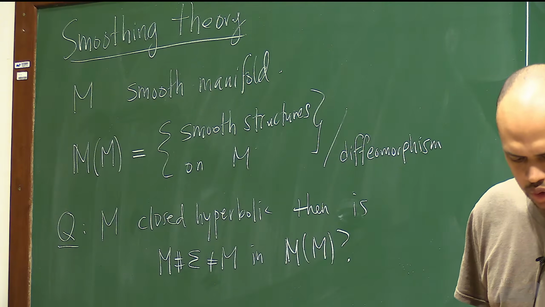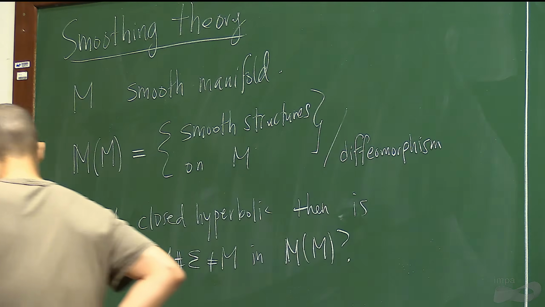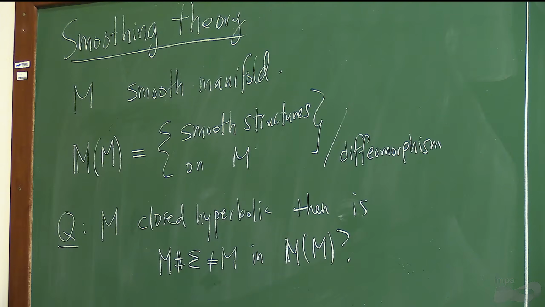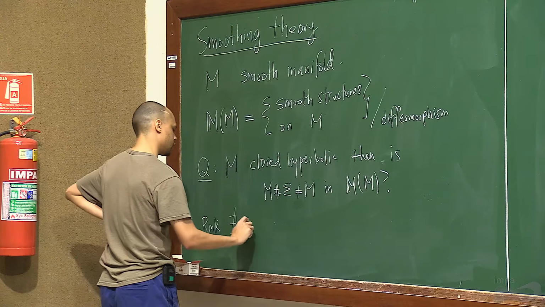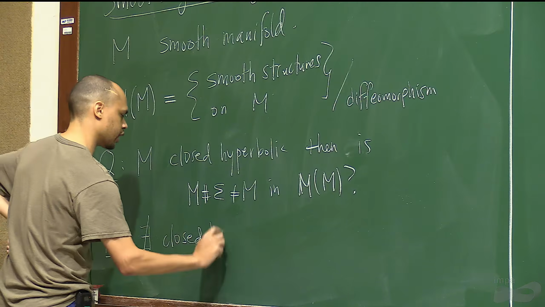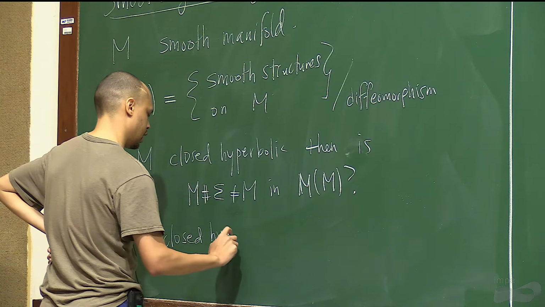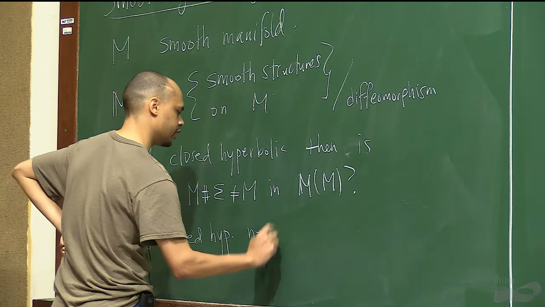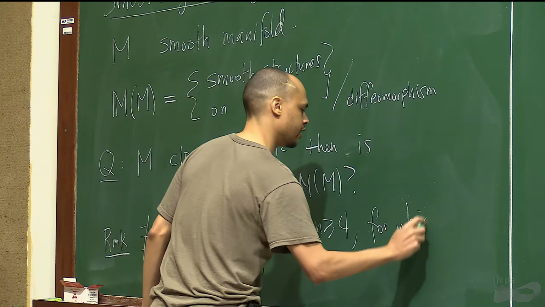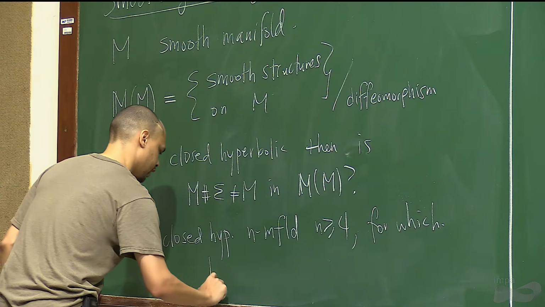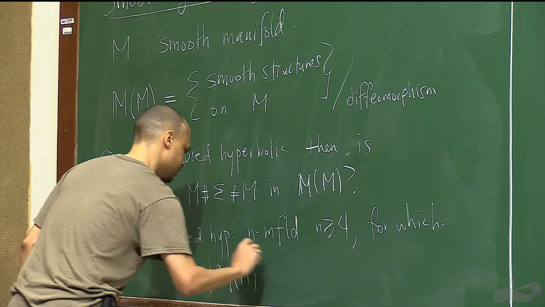Right. So in general, this is a hard question. And maybe to temper your expectations, just remark that there's no closed hyperbolic n-manifold, n at least 4, for which the size of this set is known.